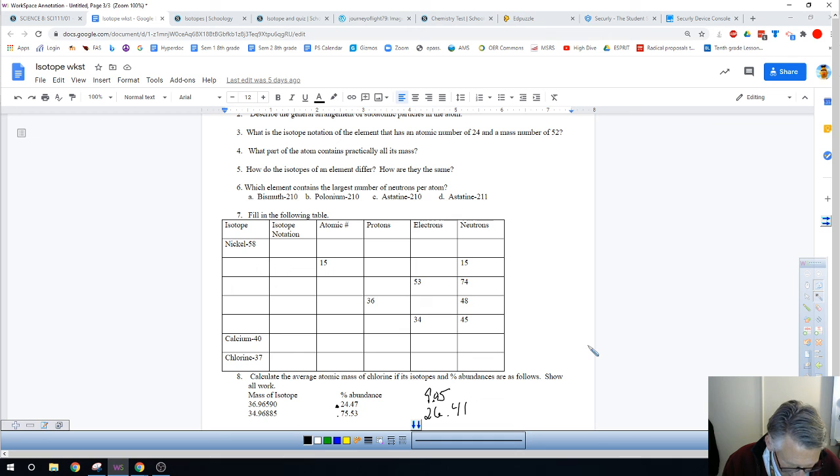And if we add those together, 9.05 plus 26.41, we get 35.46. And if you want a label on that, that's going to be AMUs.